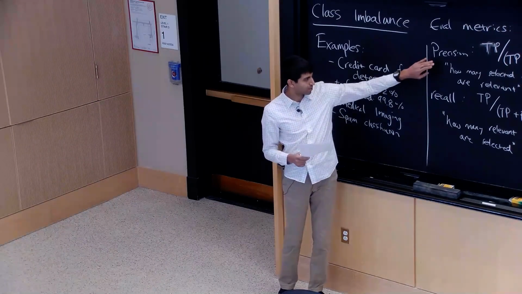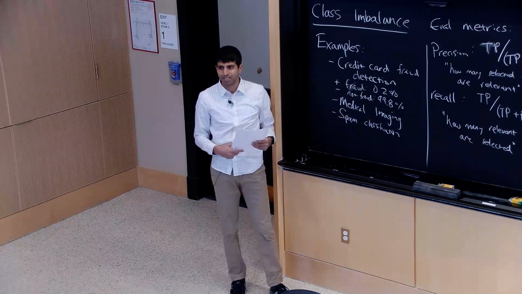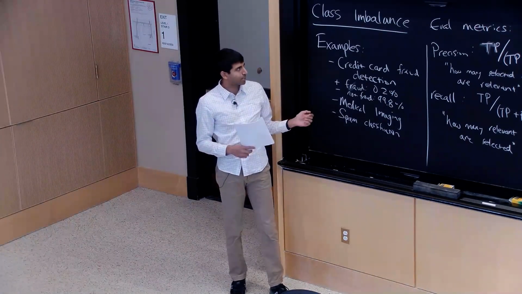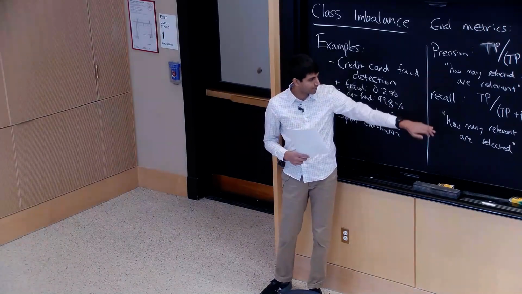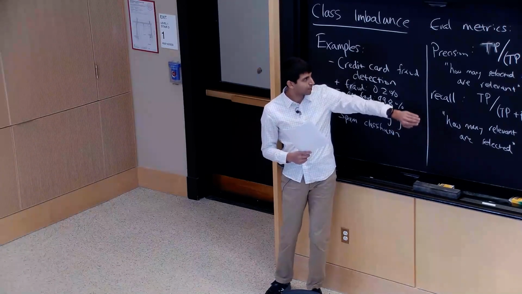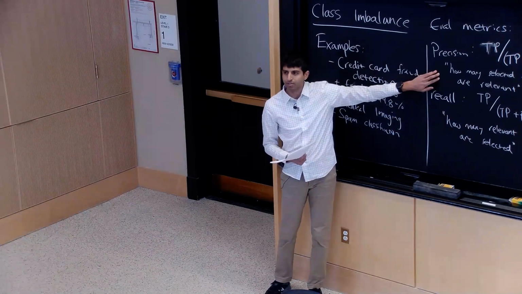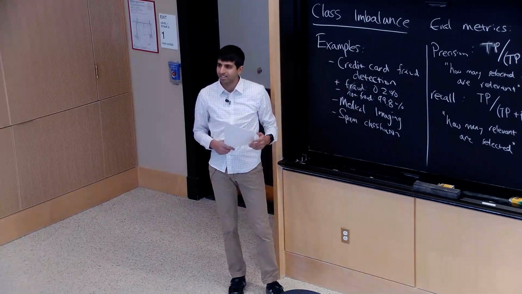So both are super standard in machine learning classification, and we can also think about them in the class imbalance setting. To get a better intuition for each one of these, why don't we try to come up with an example of a machine learning task where precision is a good evaluation metric to use, and another one where recall is a good evaluation metric to use.